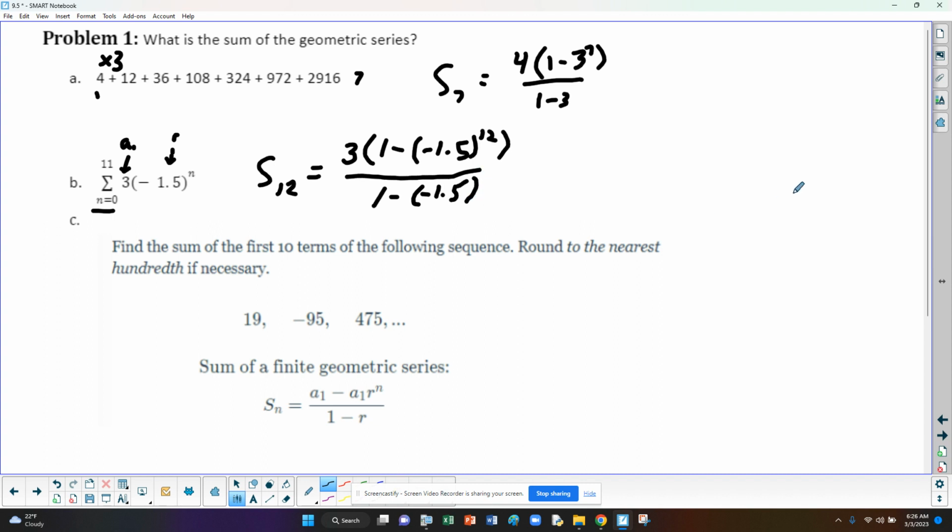Make sure that we put that into parentheses so that our calculator is taking the base of negative 1.5 and raising that to our power. But anyway, you put that in, you should get negative 154.50. You will possibly get a little bit higher of a decimal, but we'll just round it to the nearest hundredth. So we'll get negative 154.50.